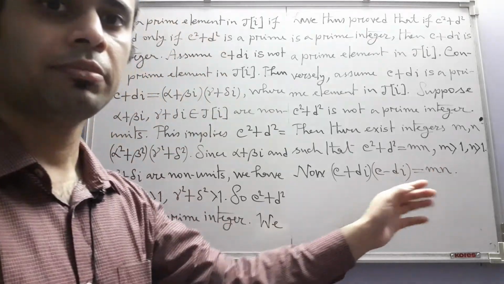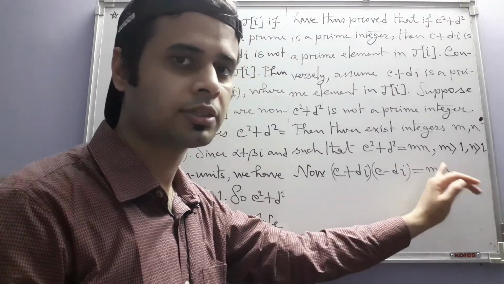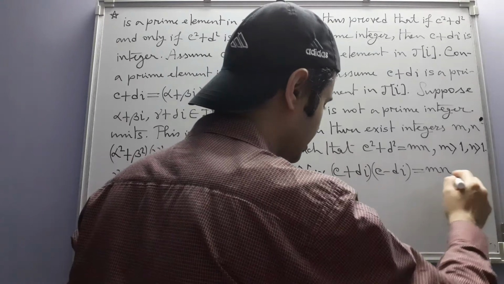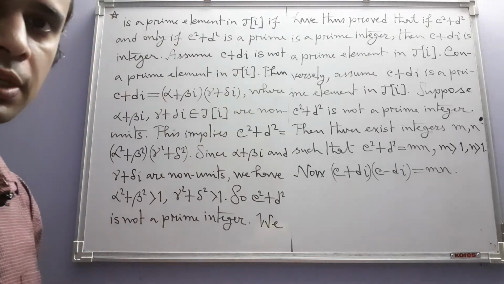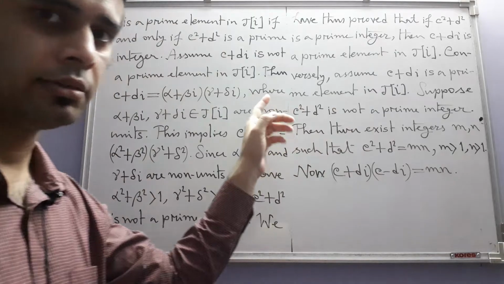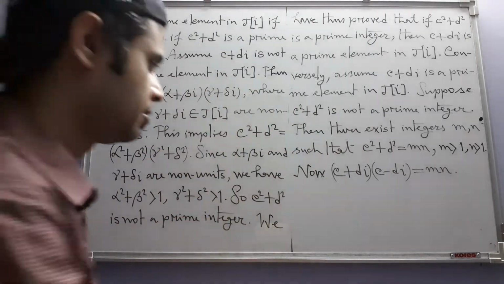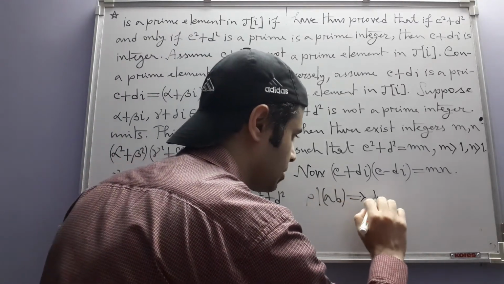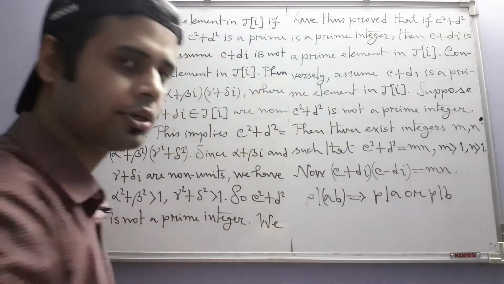You can think of m and n as Gaussian integers, because after all they are Gaussian integers. So since this prime element divides a product of two Gaussian integers, it has to divide at least one of them, from a property that we have proved in a general Euclidean ring, namely if a prime element P divides a product AB, then P divides A or P divides B. That thing we are now going to use here.